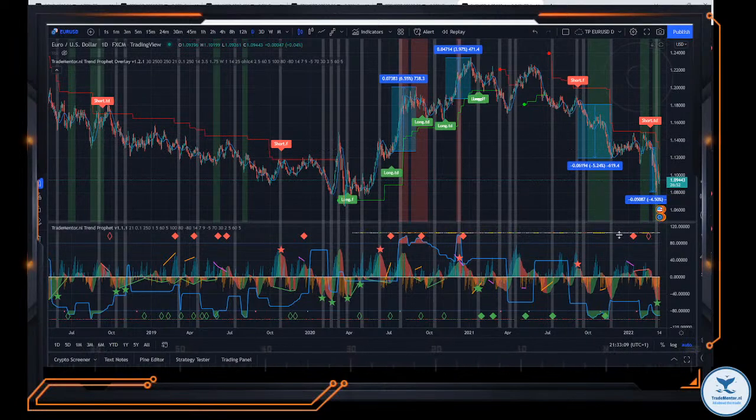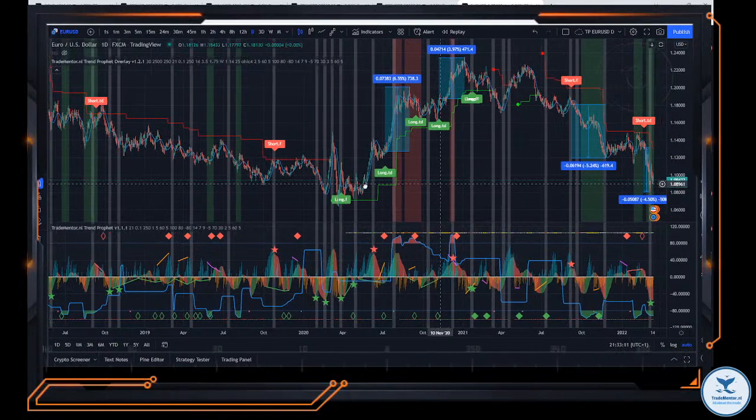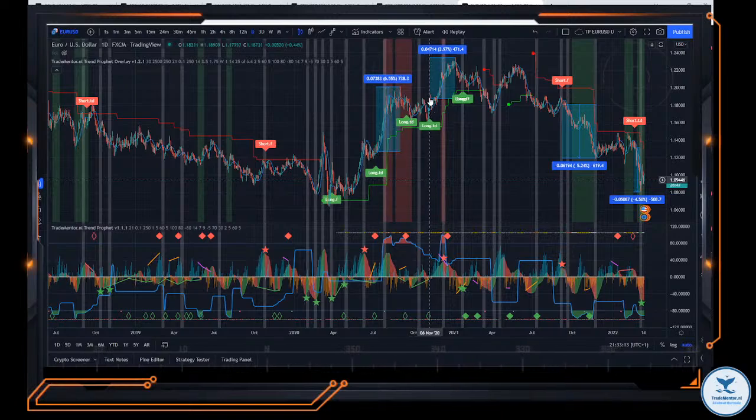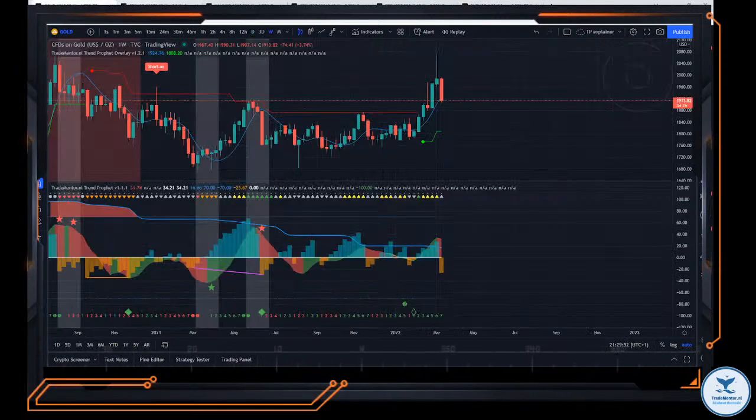So just proving a point that it's even working on Forex, but needs some fine tuning. But still, I think with a 1% stop loss you can probably get a nice decent couple of percentages profit. Nothing is 100% accurate in these markets.